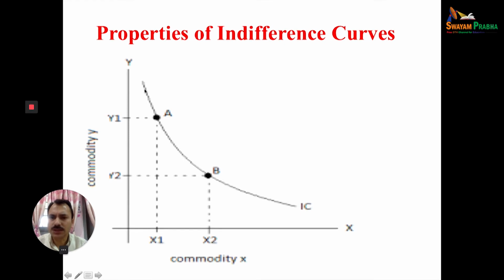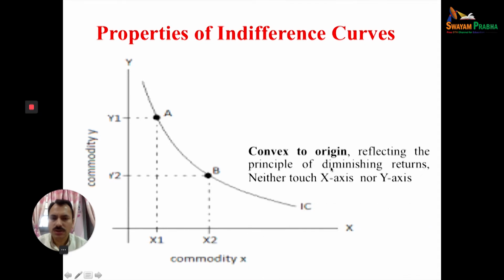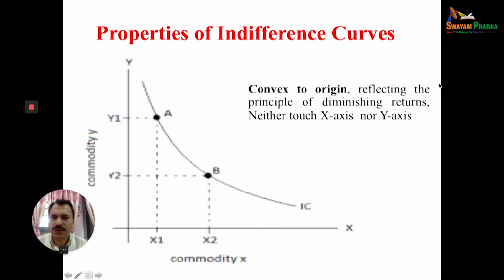The property is that the indifference curve will always have a negative slope, downward sloping, convex to the origin, reflecting the principle of diminishing returns.